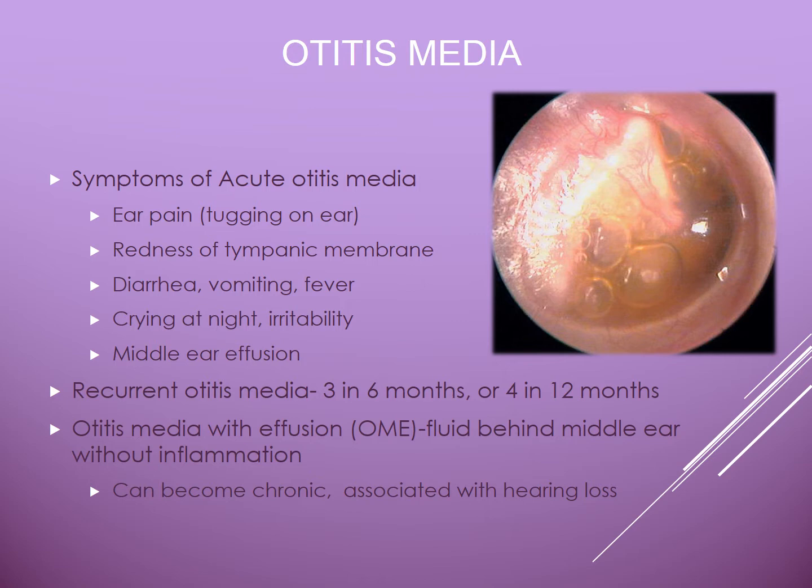Breastfeeding is actually protective against ear infections because breast milk contains antibodies which limit the exposure of the eustachian tubes to pathogens. In this picture, you can see the air bubbles behind the eardrum. So that's a middle ear effusion.